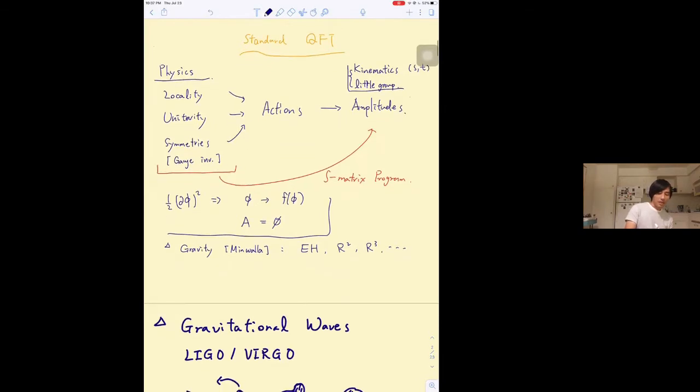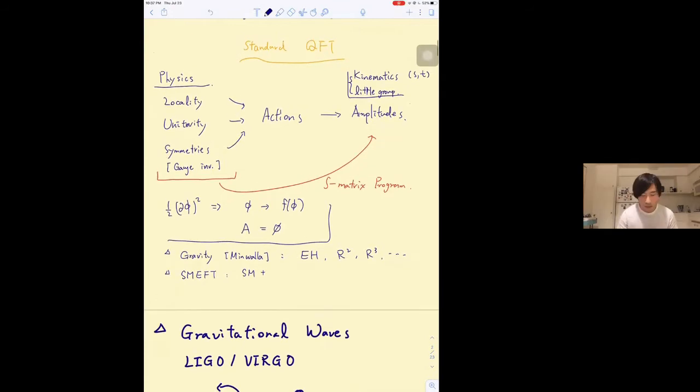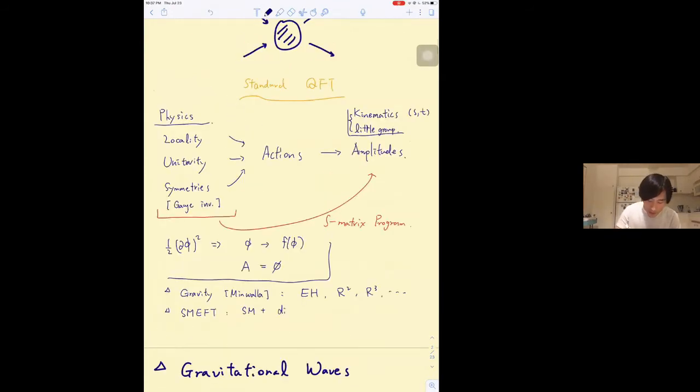Another application of this very basic idea is the so-called standard model effective field theory, which is the standard model plus higher dimension operators. So for example, we can have dimension 6 operators.